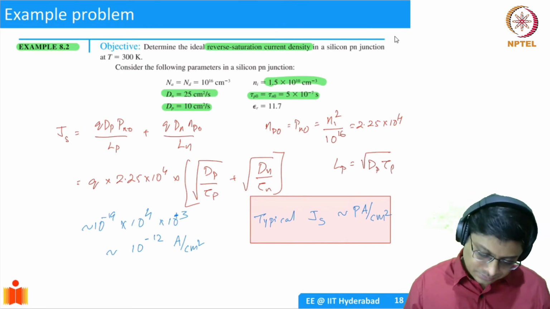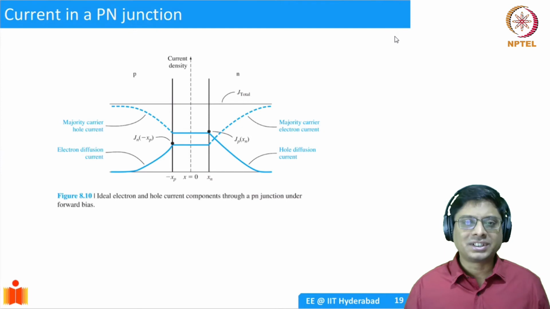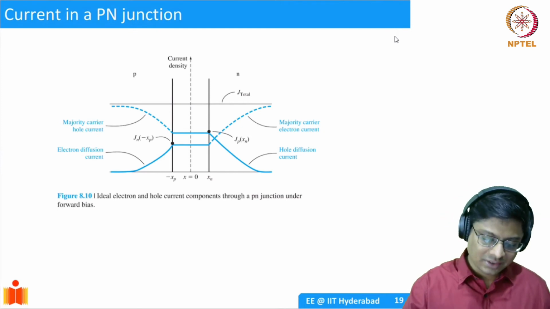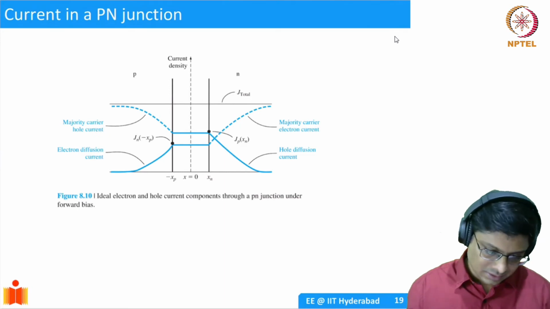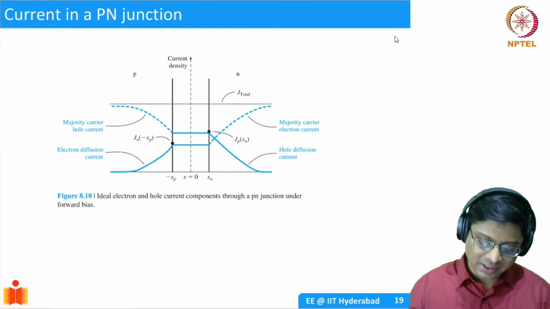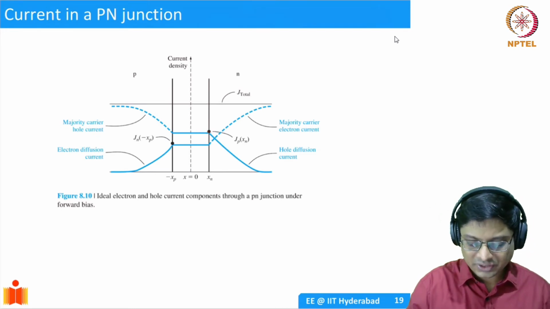And then with that, we can essentially sum up the different currents in a PN junction. If you look at the various contributions, we saw that at the edge of the depletion region, you have the diffusion current, which is going to be dominant.